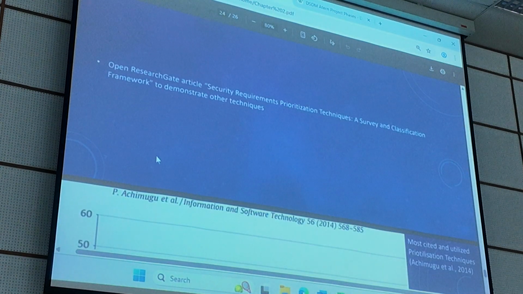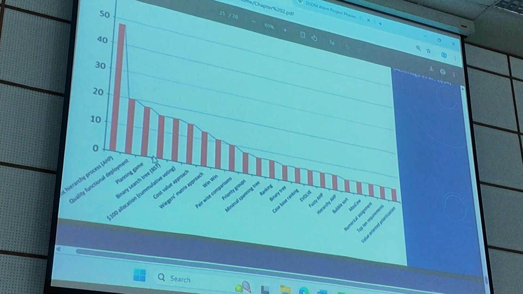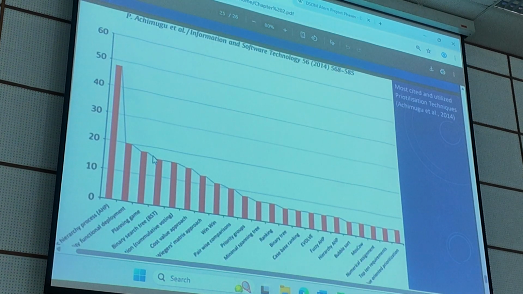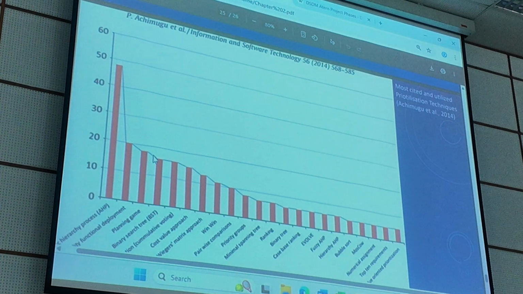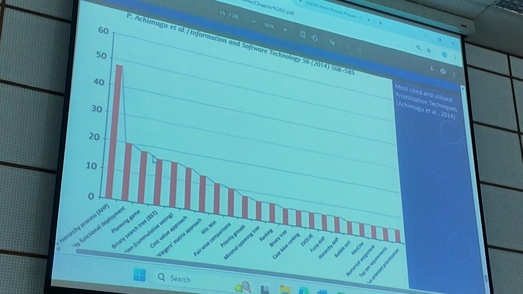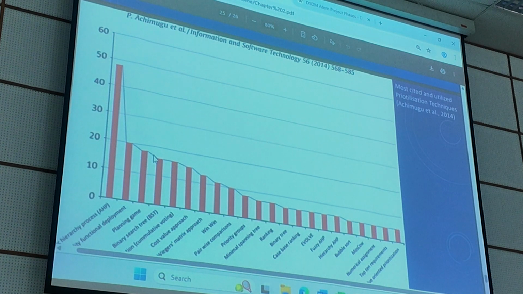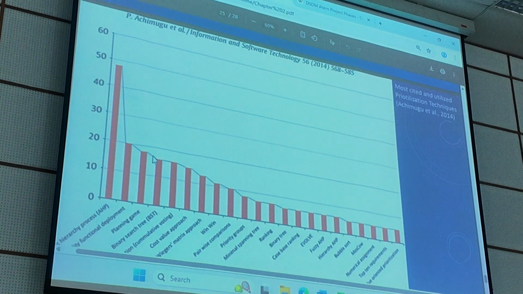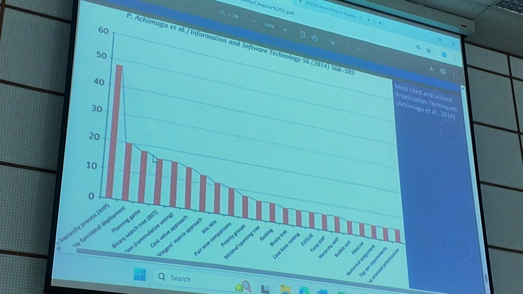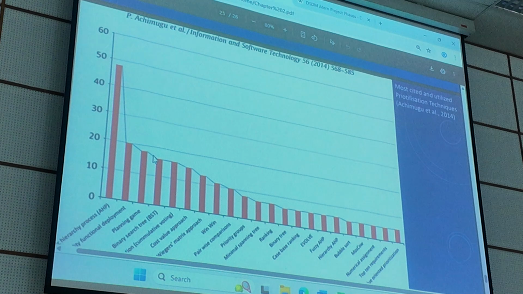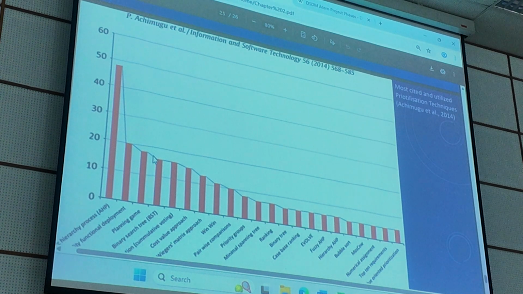And also, you can see this graph here. Under it is listed a list of what we call prioritization techniques, from a study in 2014. The most cited is the AHP, analytic hierarchy process.